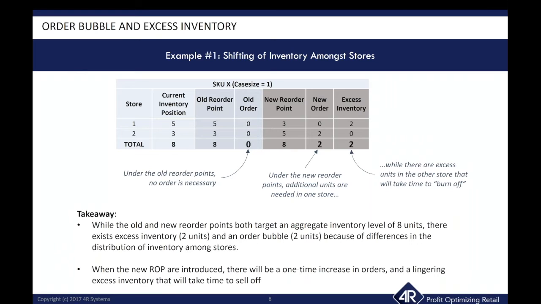So our takeaways here are that while the old and new reorder points both target an aggregate inventory level of 8 units, there's now an excess of 2 units in one store and an order bubble of 2 in another store due to the change in ROPs due to the system change. And when the new ROPs are introduced, there will be a one-time increase in orders, in this example 2 units, and lingering excess that will take some time to burn off.